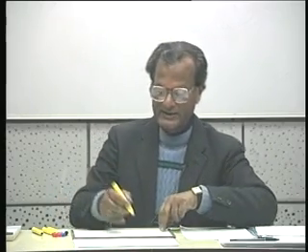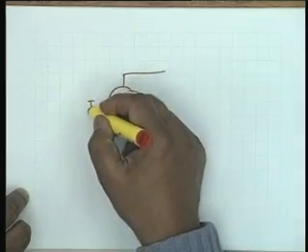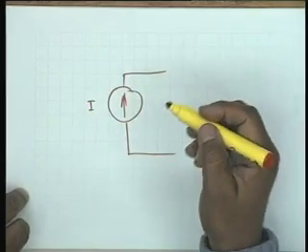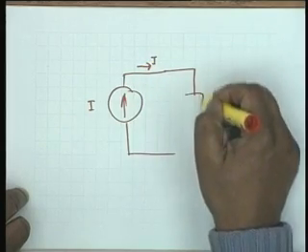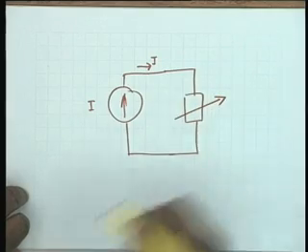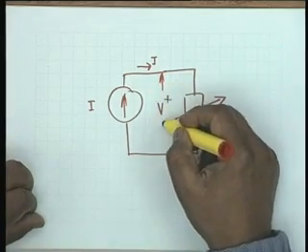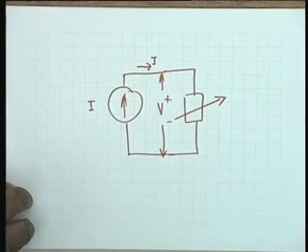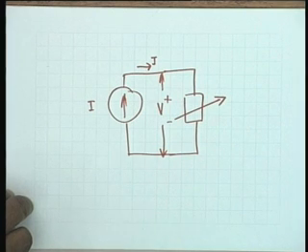Similarly, an ideal current source is one which maintains the current delivered to a load constant irrespective of what the load is. That is, irrespective of what the potential drop or the voltage across its terminals is, it maintains a constant current. This is called an ideal current generator.